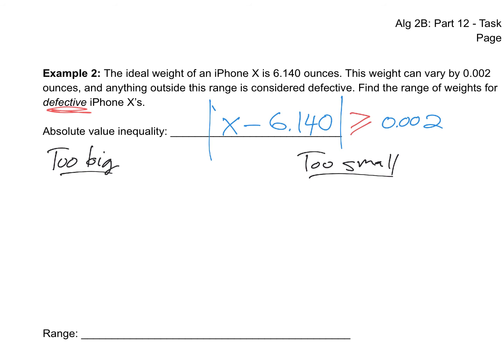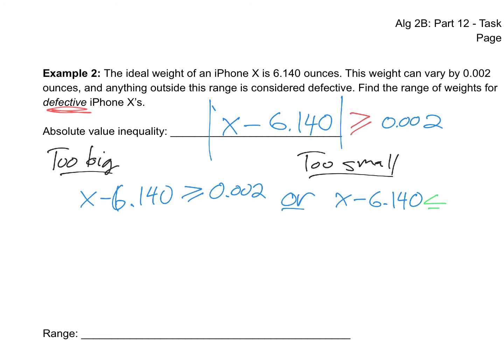So too big means that this difference, x minus 6.140, is greater than or equal to the error. Or, and the word or is part of the range, so don't forget to write that. Or too small would be x minus 6.140 is less than or equal to negative 0.002. Same number, but negative, and the inequality switches.